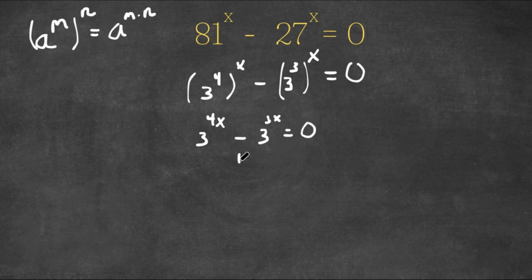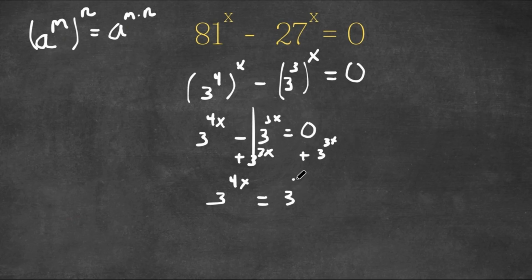Now I'm actually going to add 3 to the power of 3x on both sides. So now we get 3 to the power of 4x, these two cancel out, equals 3 to the power of 3x.